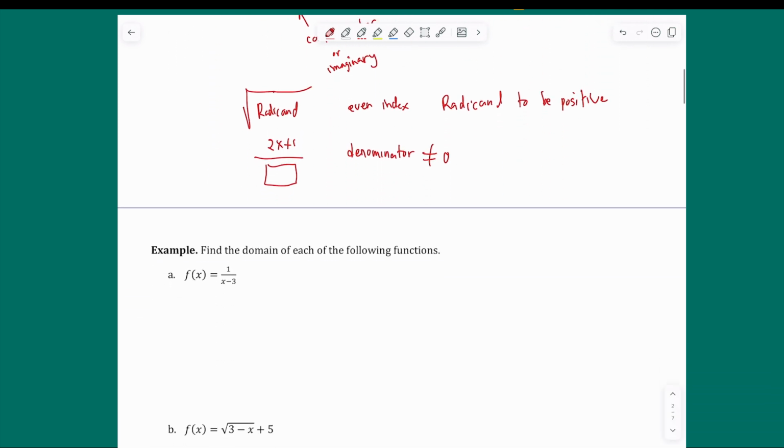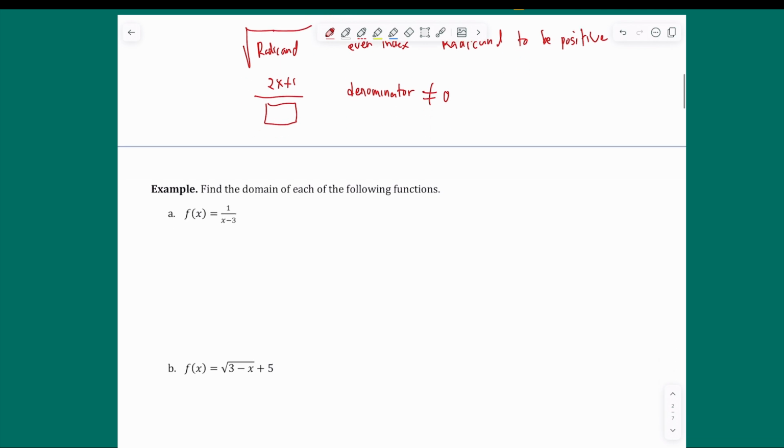Find the domain of each of the following functions. So we have f of x equal to 1 over x minus 3. Now notice we have a fraction. We want that denominator to never be 0. So let's figure out where it's 0. Okay, so we need to solve an equation essentially. So basically set the denominator equal to 0 and solve.